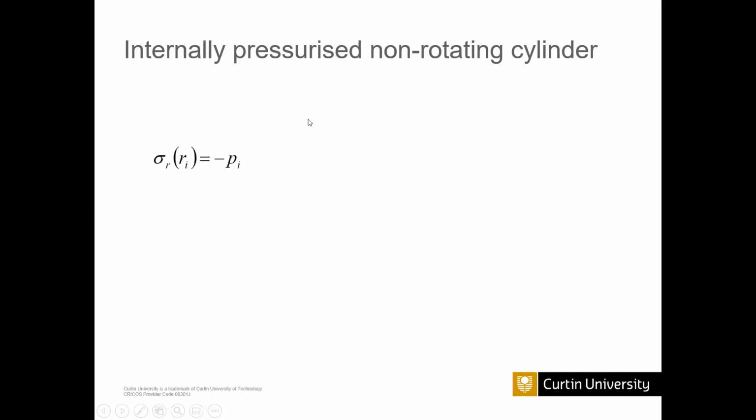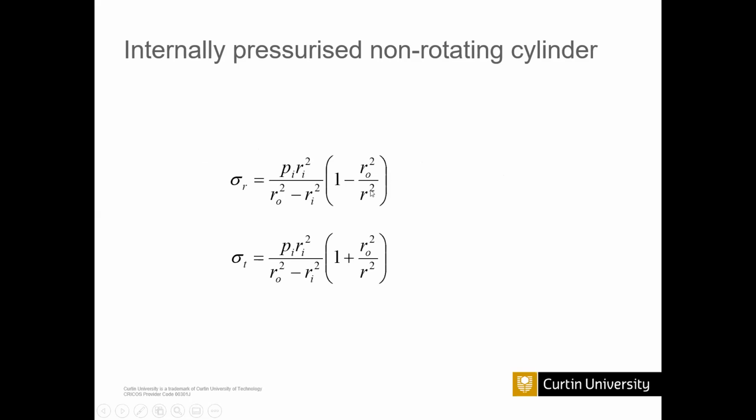So you can see sigma R at Ri, the inner surface, is minus Pi, which we already know. And sigma R at R naught equals 0. You can substitute into that equation and get the value. At Ri, when you take the common denominator, it becomes Ri squared minus R naught squared over Ri squared.